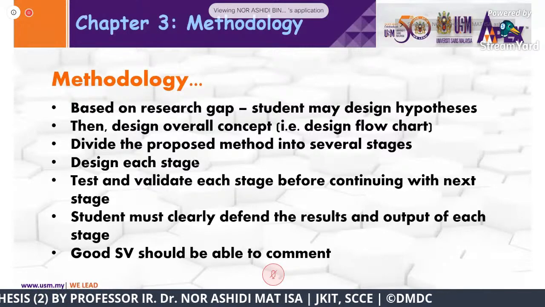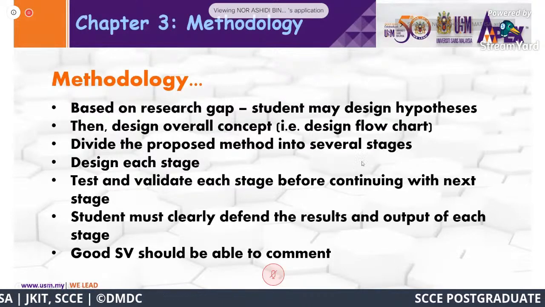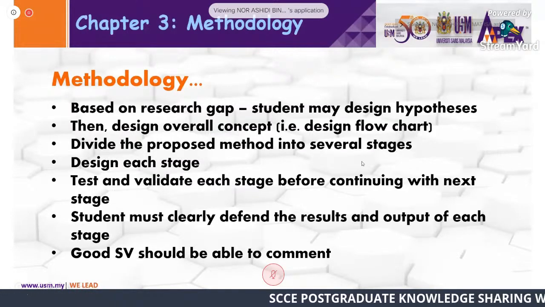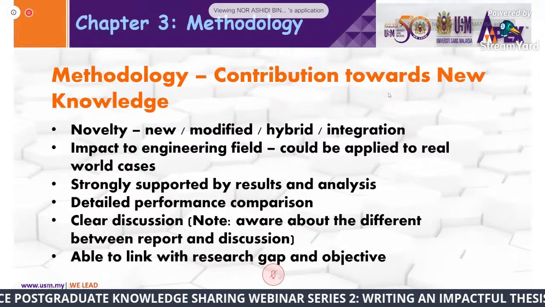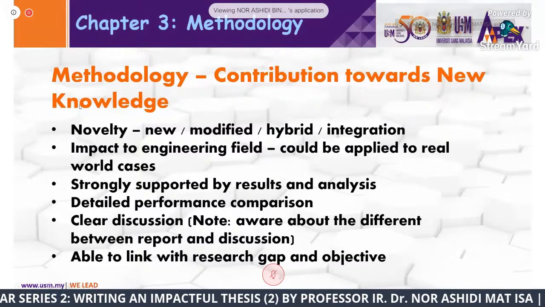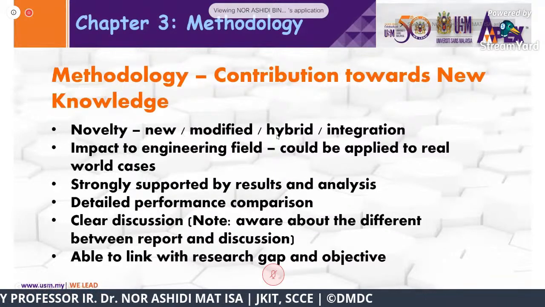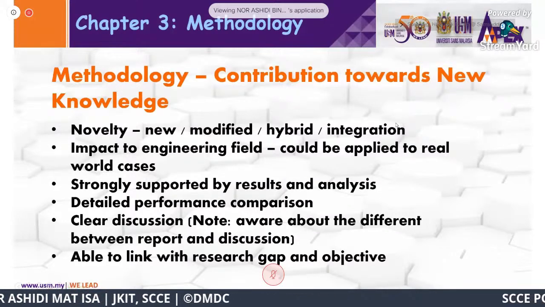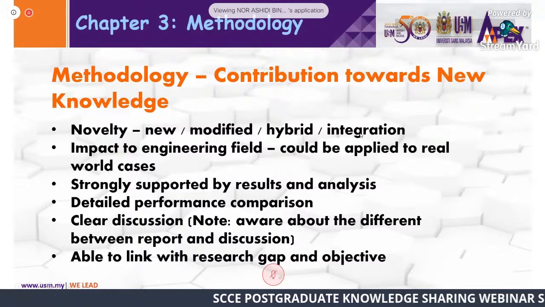Okay, so these are the processes that need to be known. Your methodology must contribute to new knowledge. You must know the novelty. You must know the difference between new, modified, hybrid, and integration. I think I have explained in detail about these four categories.